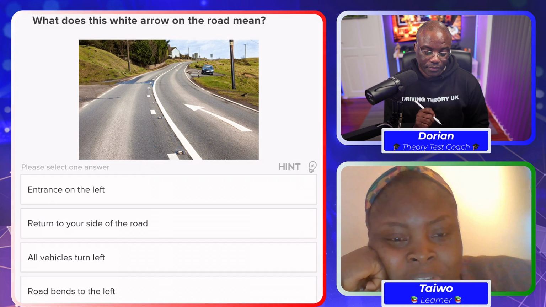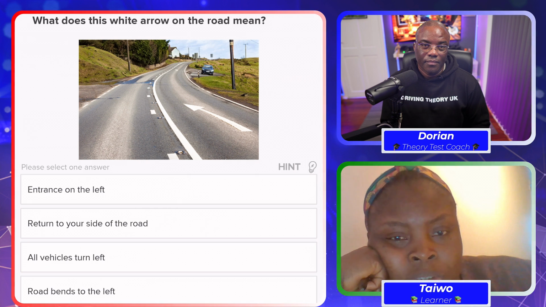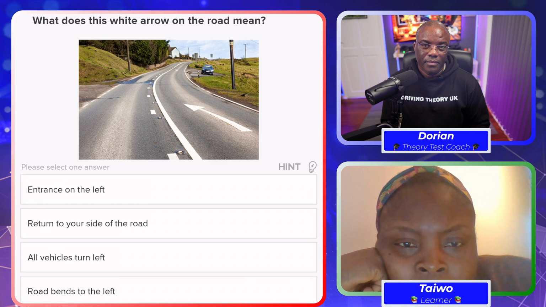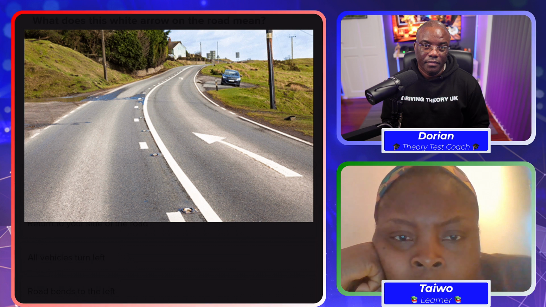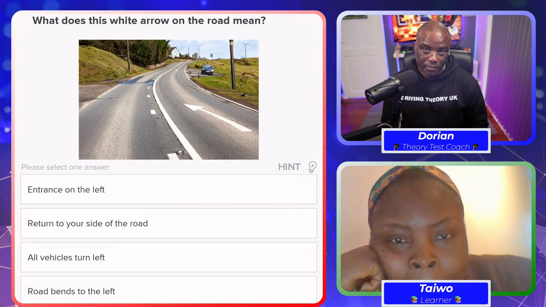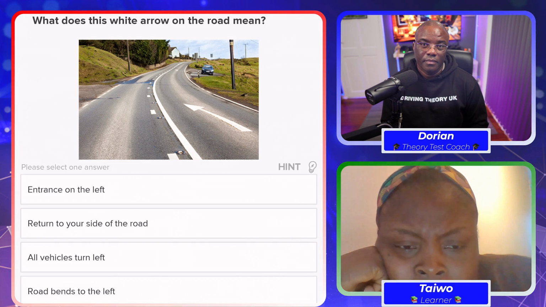Can I look at the options? What does this white arrow on the road mean? Entrance onto the left, return. Please, can you enlarge the image? Okay, exit, please. All vehicles.